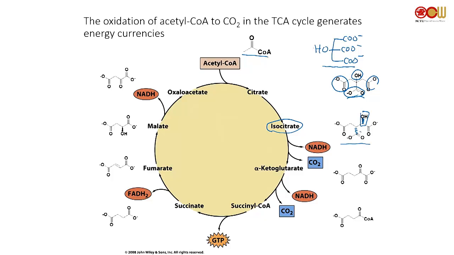From isocitrate, you then do a very simple oxidation. You turn the hydroxyl group here into a keto group. So you do an oxidation, which is why you get NADH out. This is an oxidation reaction.